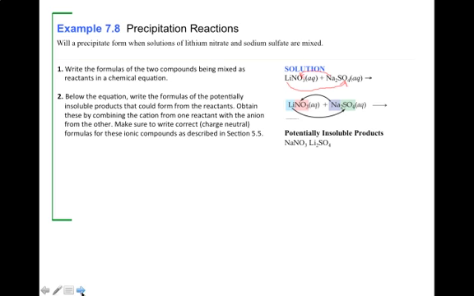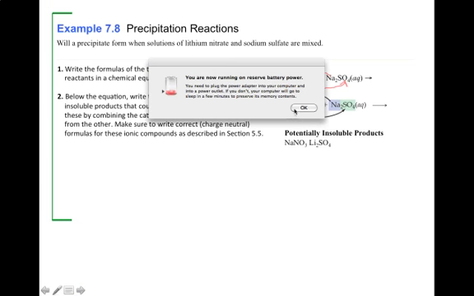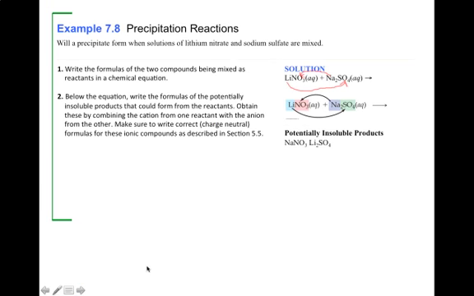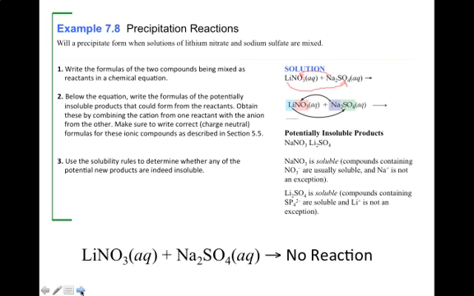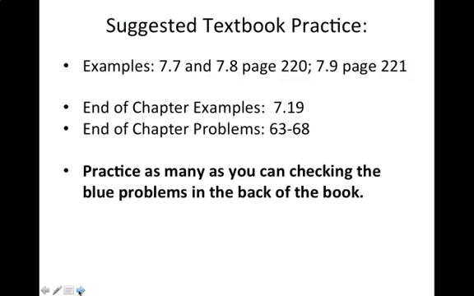Potentially insoluble products: lithium sulfate and sodium nitrate. Use the solubility rules to determine whether any of the potential new products are indeed insoluble. Sodium nitrate is soluble, lithium sulfate is soluble, so no reaction is going to occur. We do not form a precipitate when we swap partners.